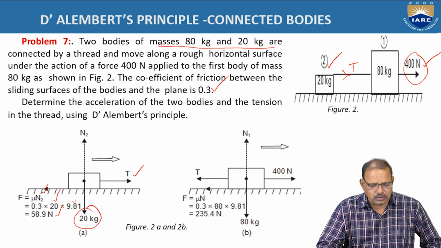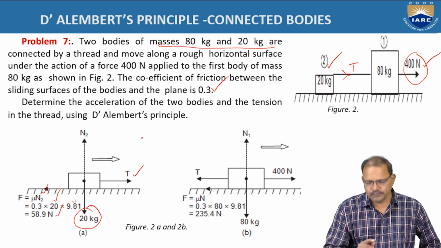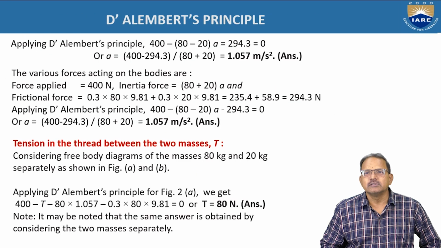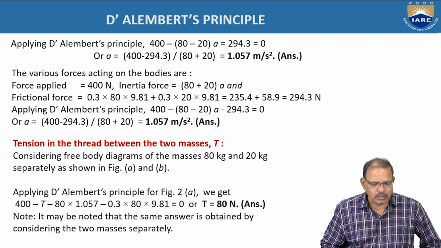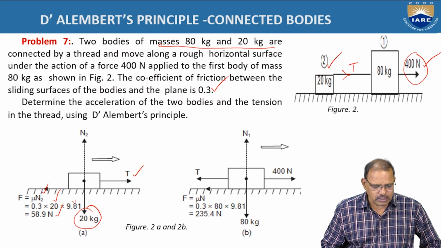Now, for determination of T, first of all, let A be the acceleration with which the body is moving. Now, applying D'Alembert's principle for the first body.